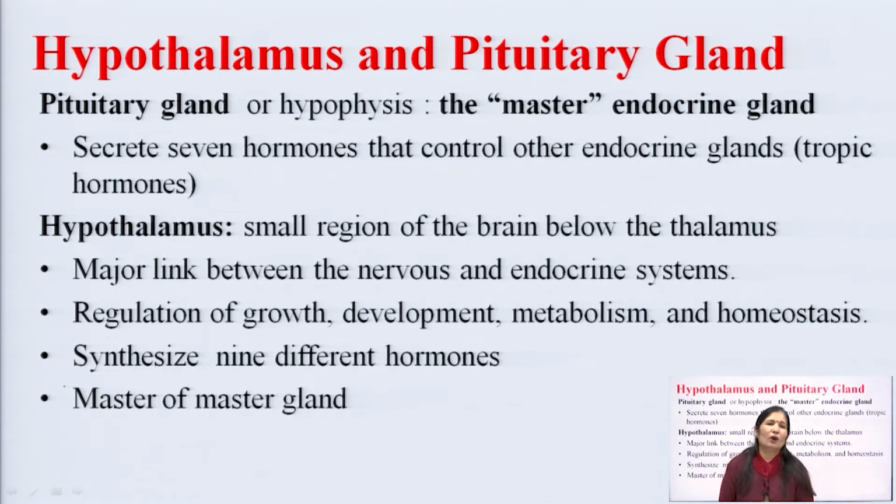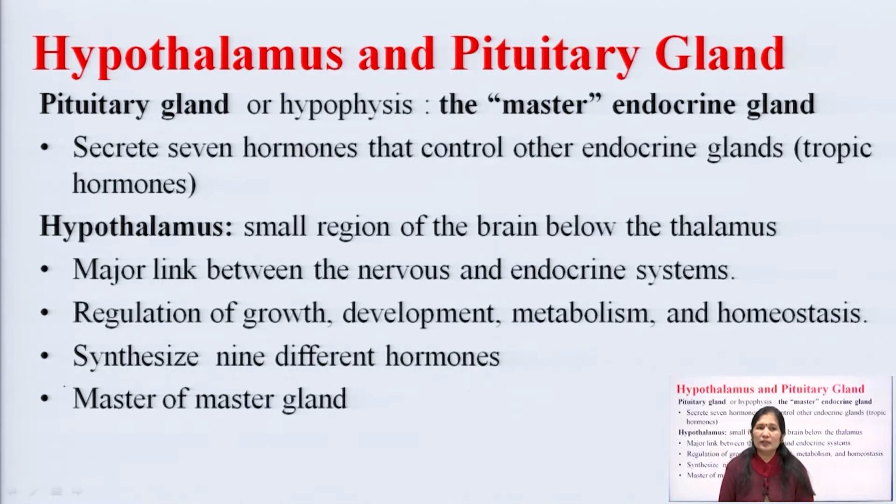So, why do we call it master gland? Because pituitary gland secretes 7 hormones, and these 7 hormones control other glands. Because they control other hormone secretion, they are known as tropic hormones.